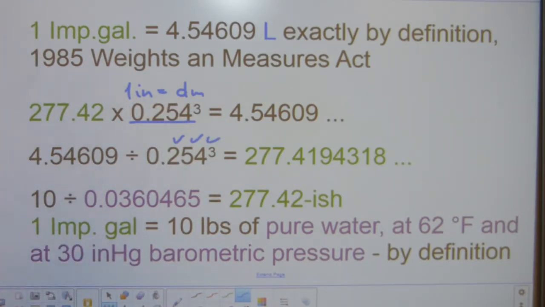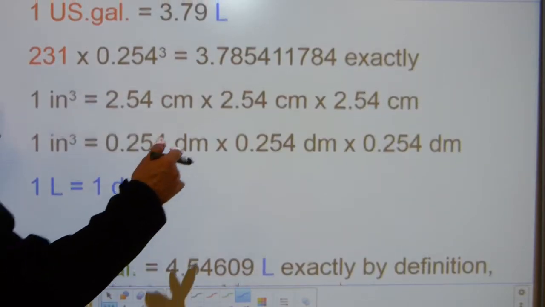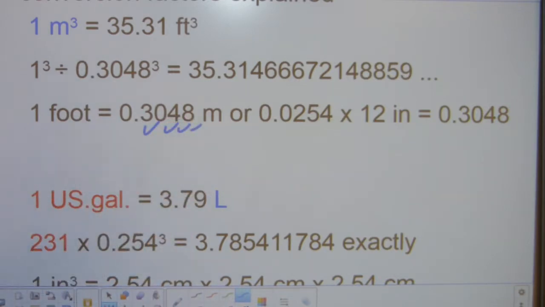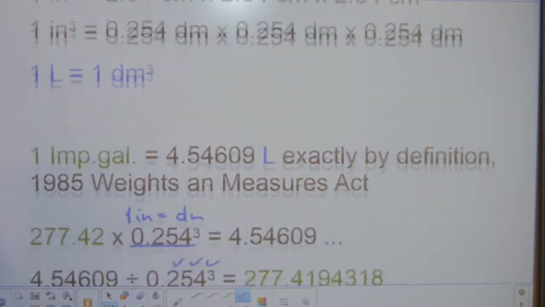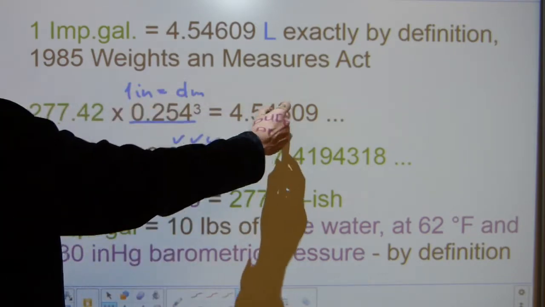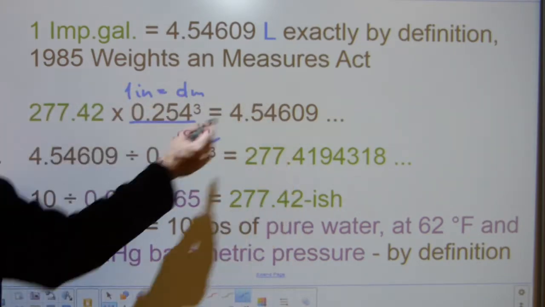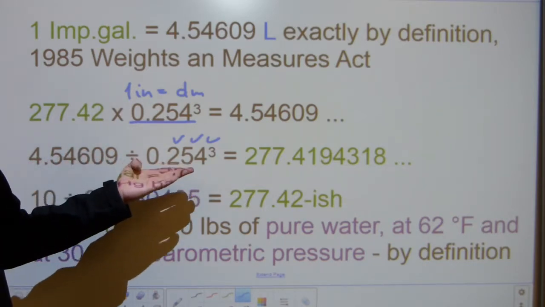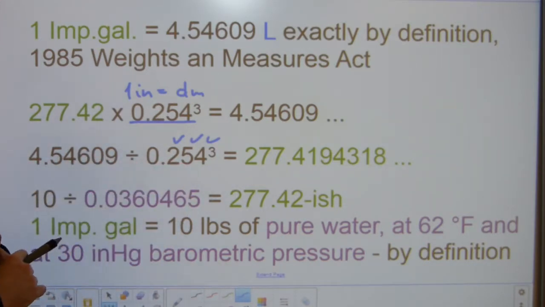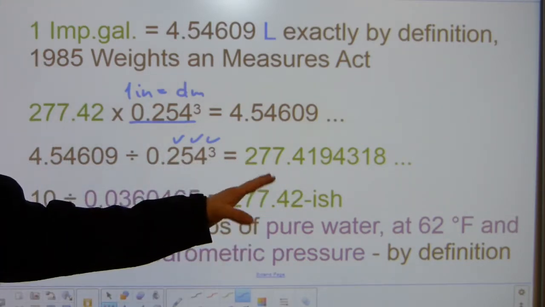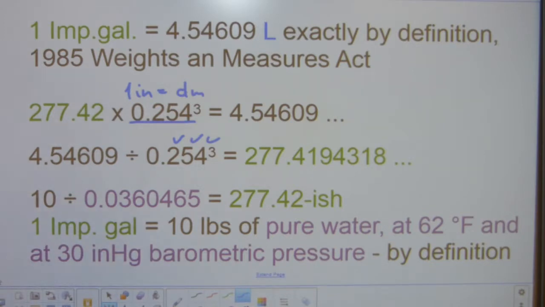By again another international agreement, just like the length of a meter has these 4 decimal places by international agreement. So if you reverse this multiplication here and start with that final number with 5 decimal places, you divide it by the cube of a 3 decimal place number, you will get something like 277.42-ish.